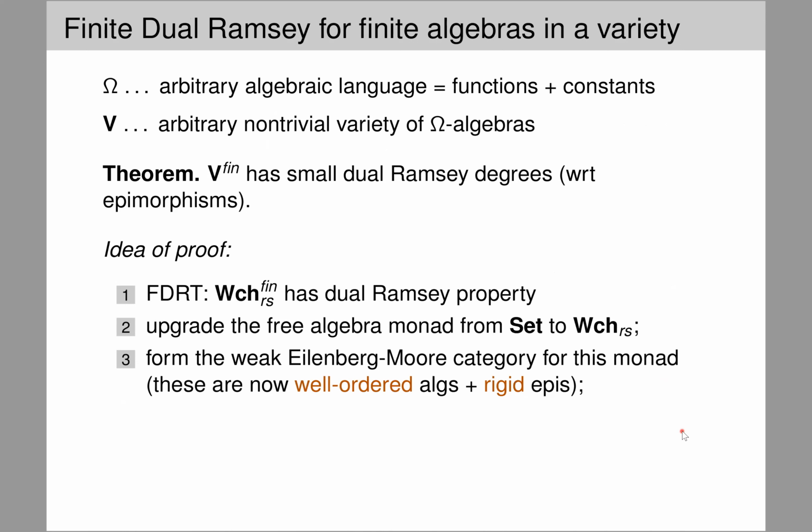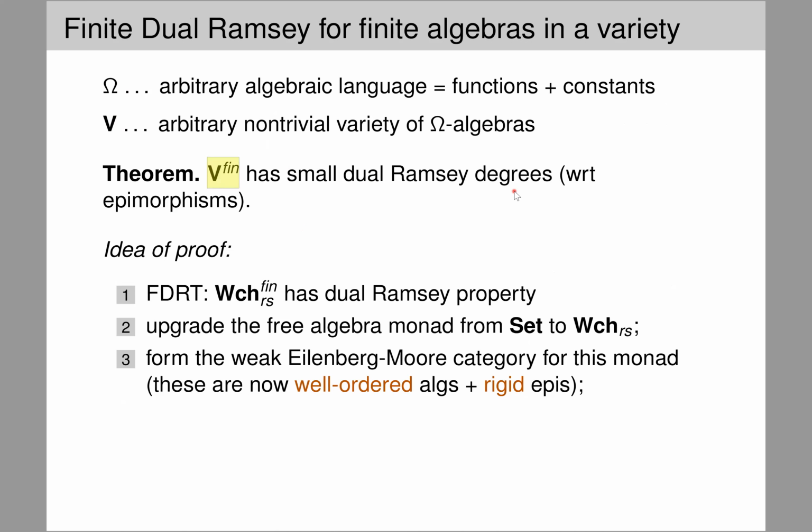And now let me just give you a quick sketch of the proofs of the two statements. So if omega is an arbitrary algebraic language, and V is an arbitrary non-trivial variety, we claim that the class V-fin, finite algebras in V, has small dual Ramsey degrees.